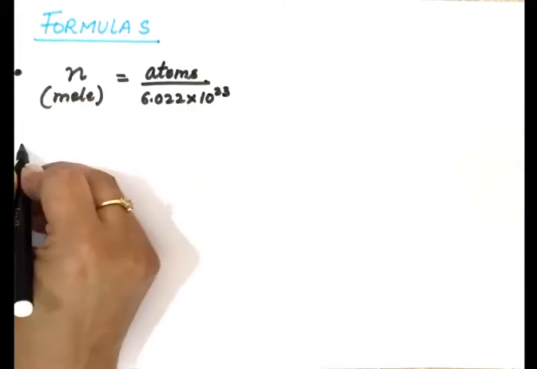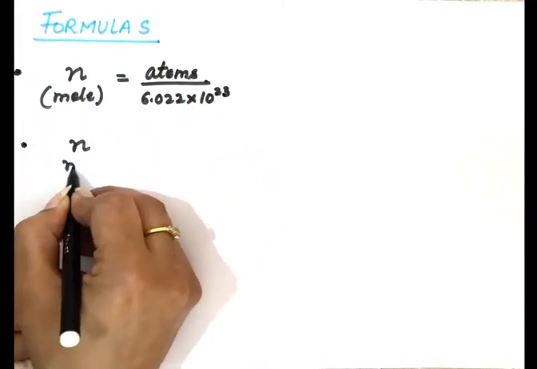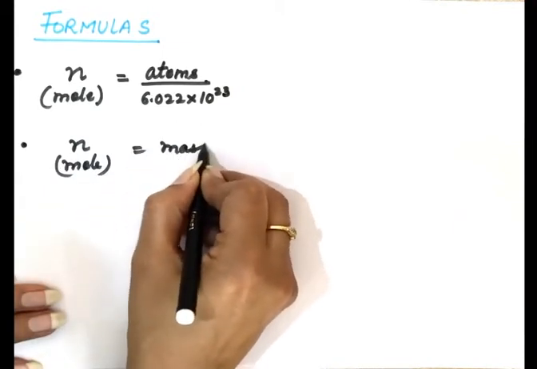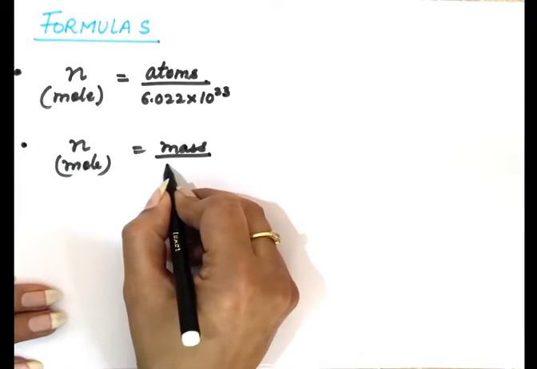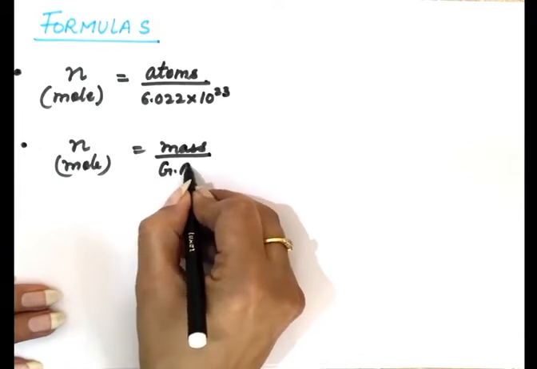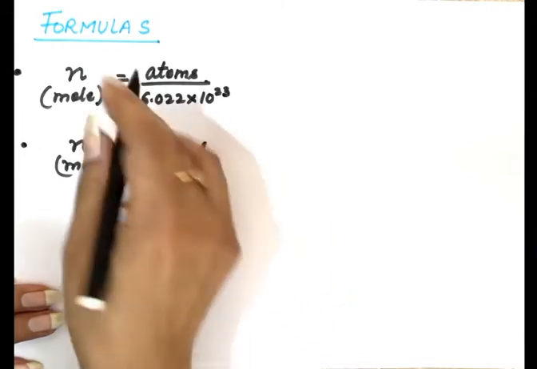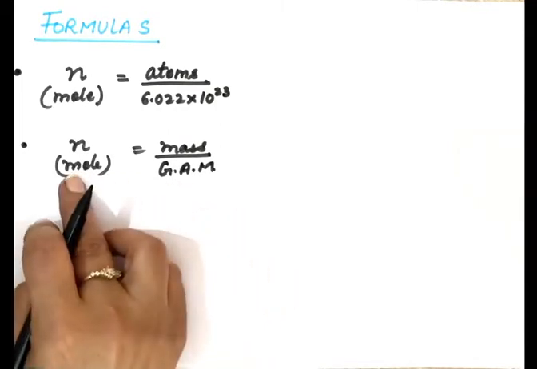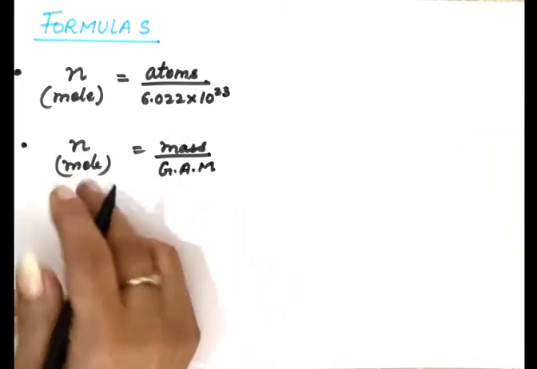The second formula is moles equal to mass upon gram atomic mass. Again, this is for elements only because we are using the atomic mass term here. So this is the mole of an element.